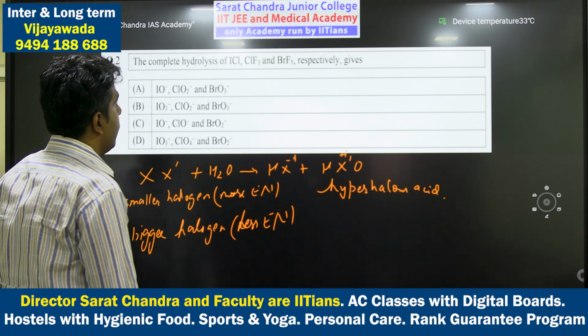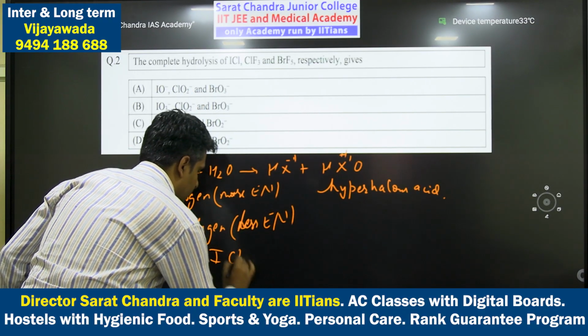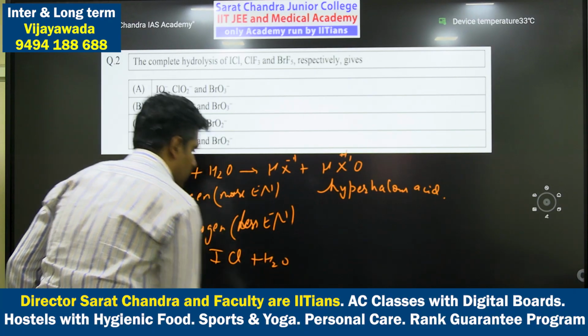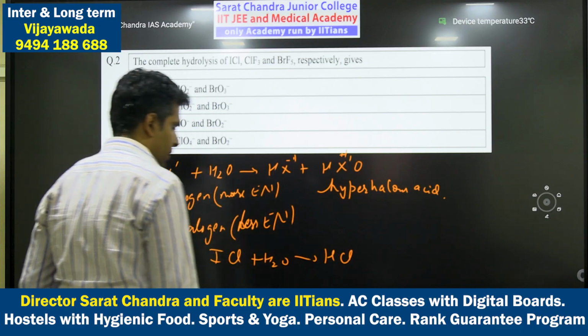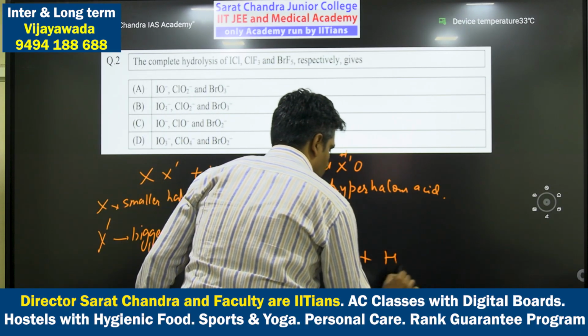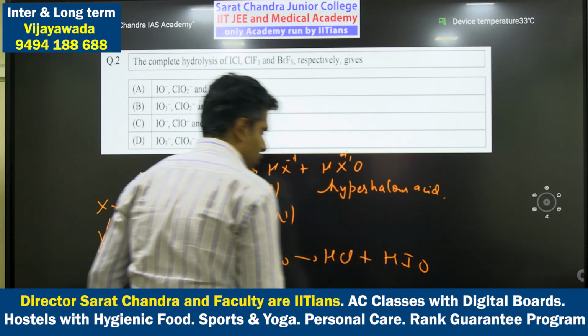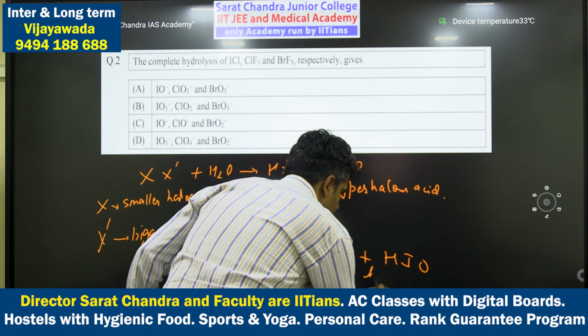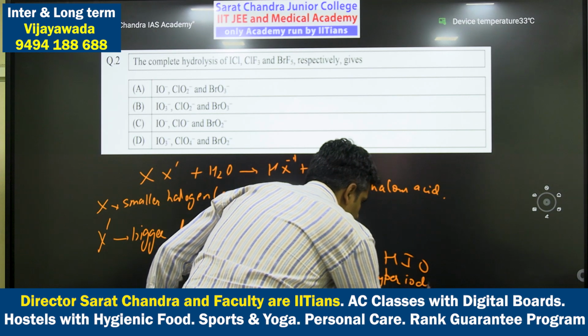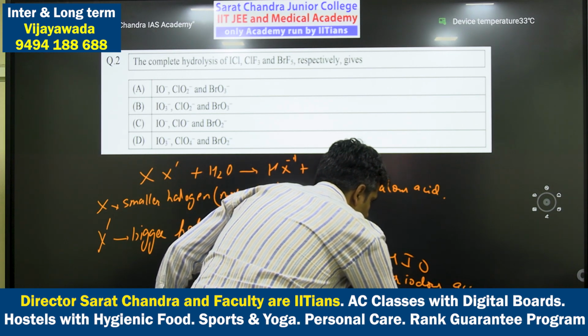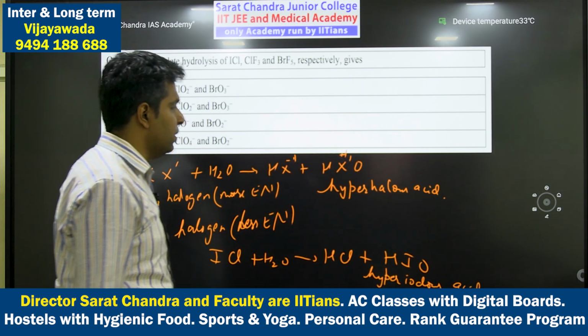So in the case of ICl, the more electronegative halogen, that is chlorine, will have a negative oxidation state, and the iodine will be at the positive oxidation state. So hypoiodous acid will be formed.